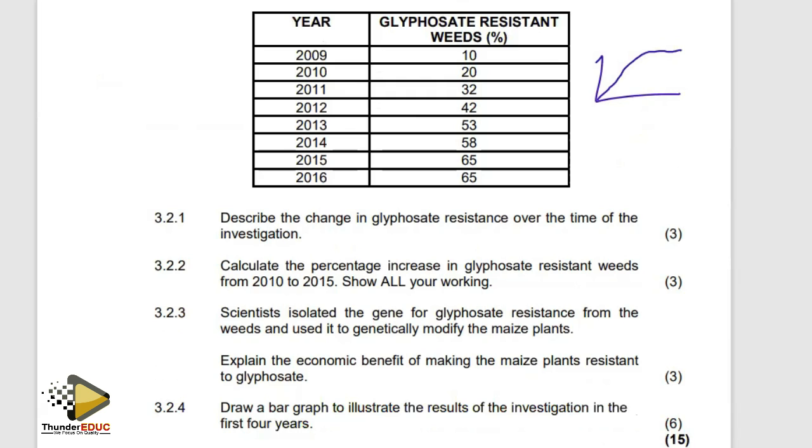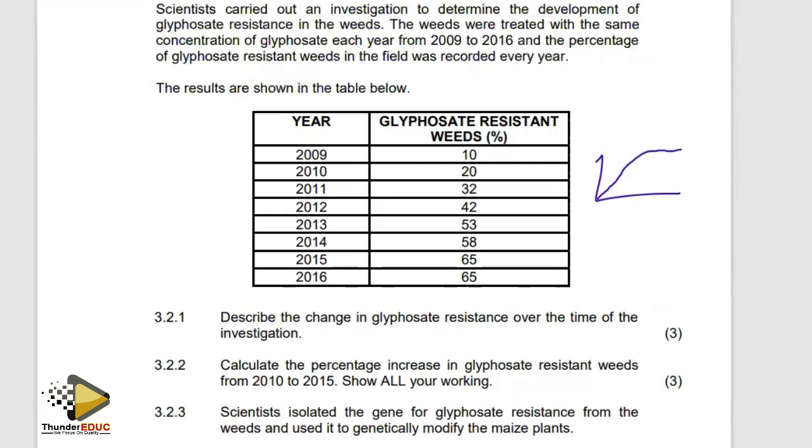Percentage increase is equal to the final value minus the initial value, over the initial value, times 100. Yeah, that's it.